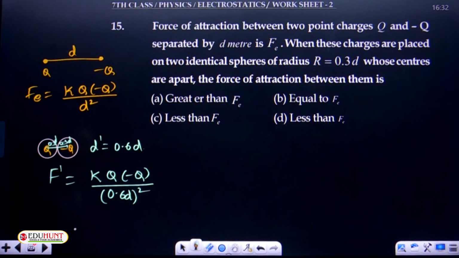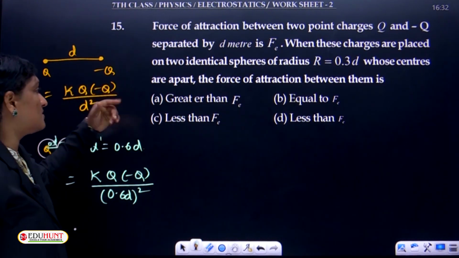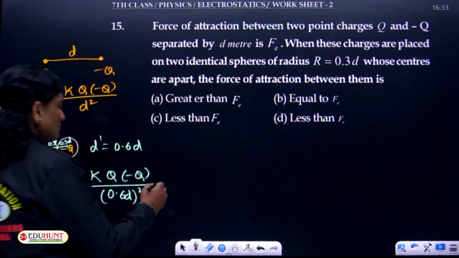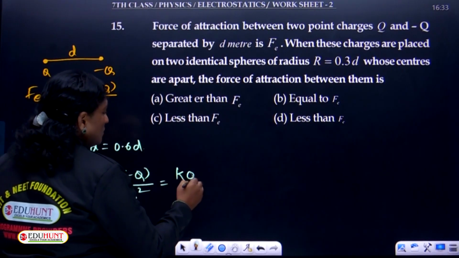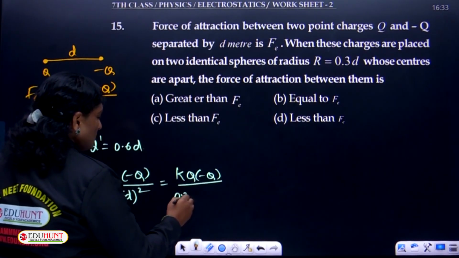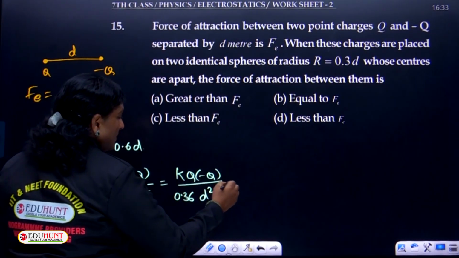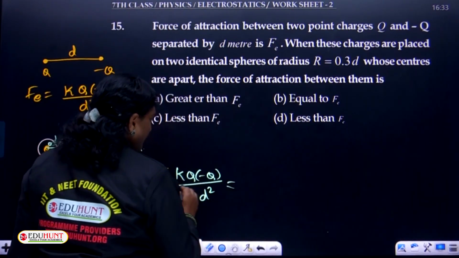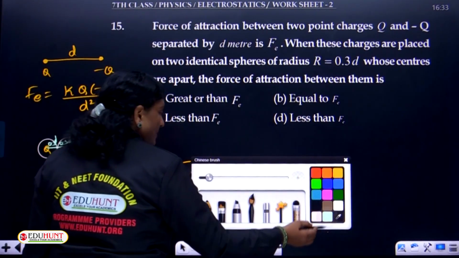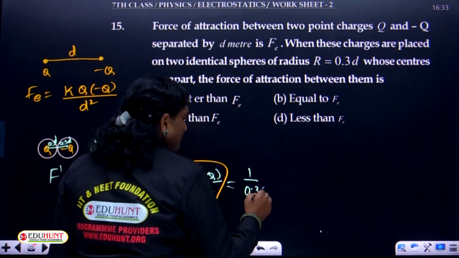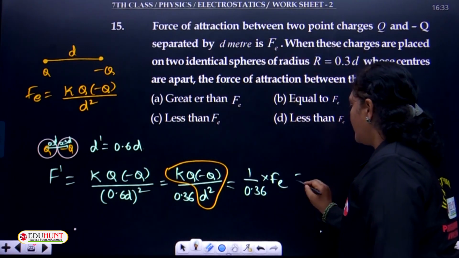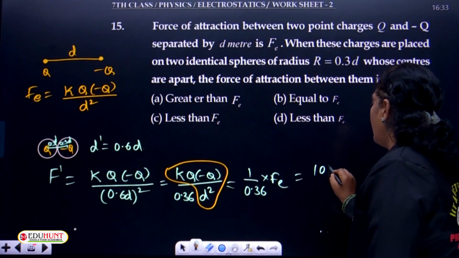The force of attraction between them, whether it is greater than the previous one, less than, or equal to that, we have to find out. So let us try to find out. It is equal to k times q times minus q upon 0.6 whole square, which is 0.36 d square. As we know that the value of k q minus q by d square is indicated by Fe, the final value will be 1 by 0.36 times Fe.